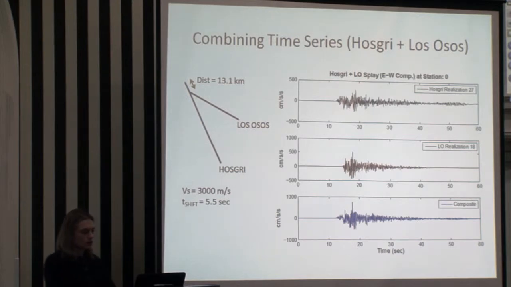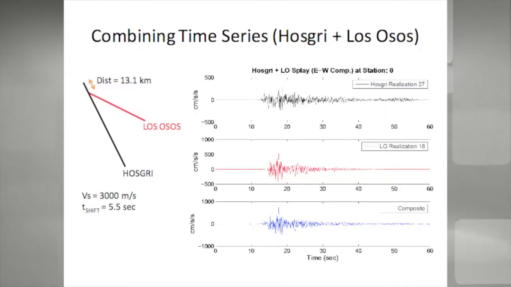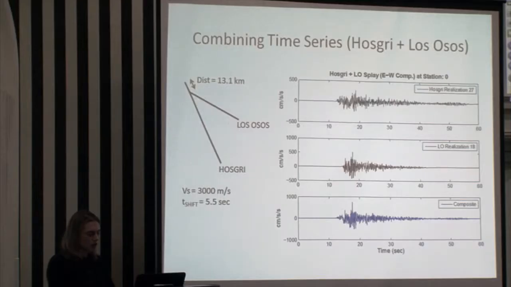These are example time series for the Hosgri fault in black, the Los Osos fault in red, and then the composite seismogram here in blue. This is just the east-west component. We are approximating the time that the Los Osos initiates by using this distance divided by 0.8 times an average shear wave velocity, to get us in the ballpark.